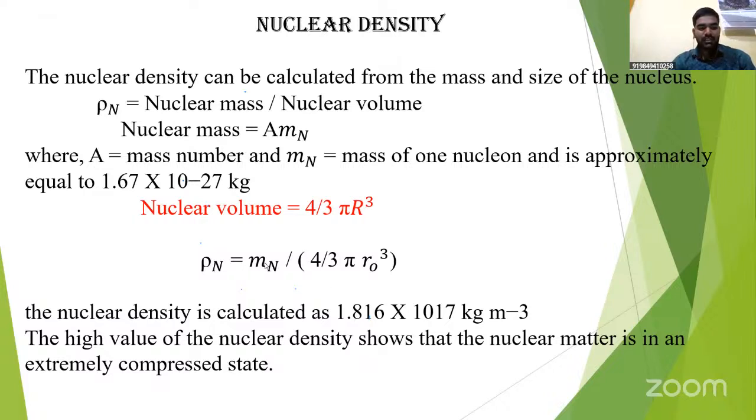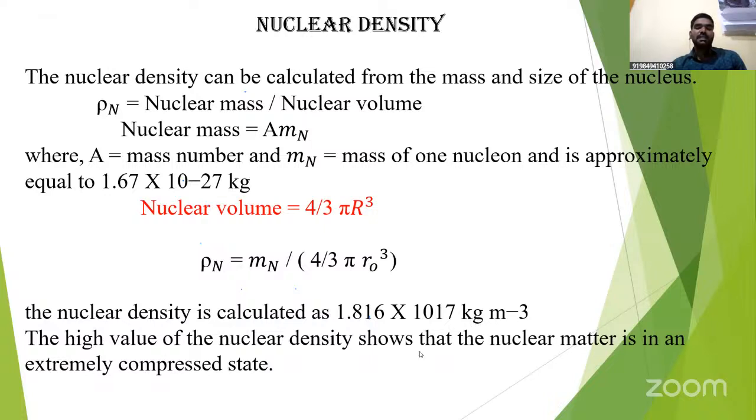If you substitute the values, the mass is 1.67 into 10 power minus 27, and for the volume, 4 by 3 into pi, which is 3.14, and r naught is the nuclear radius we just discussed. Substituting these, the nuclear density will be 1.816 into 10 power 17 kg per meter cube, because it is mass by volume, so the units are kg per meter cube.